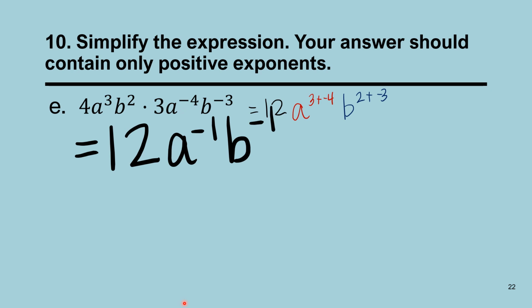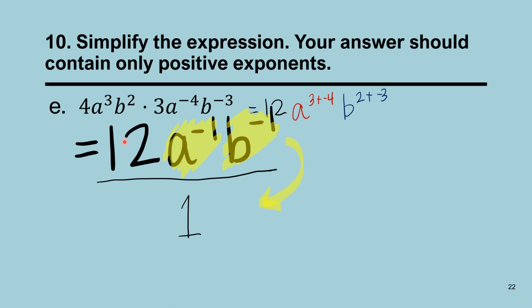Then we've got to take care of those negative exponents. Remember, those are not allowed to stay. Our answer should contain only positive exponents, so we're going to pretend like this is all over 1. Then we take the terms with the negative exponents, the a to the negative 1 and the b to the negative 1, and move them down to the other side of the fraction bar.